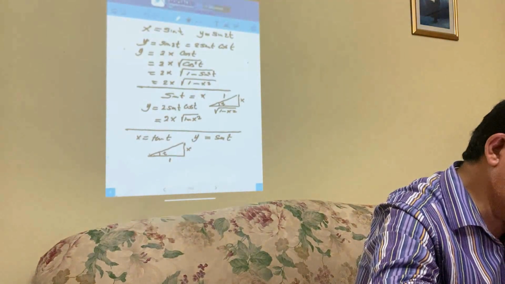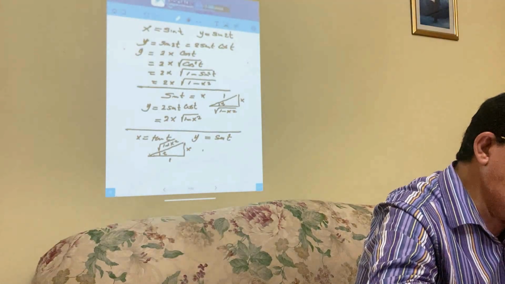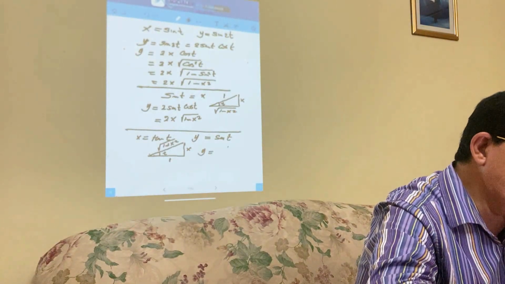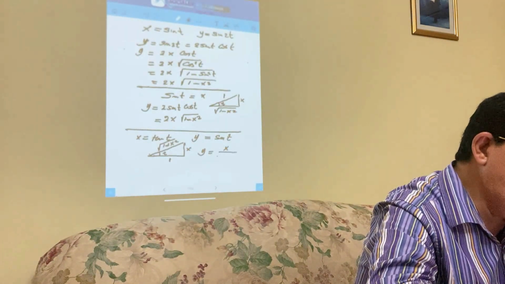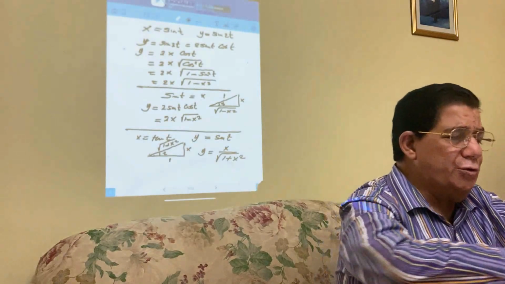And this is the square root of 1 plus x squared. Therefore, y equals sine t means y equals x over the square root of 1 plus x squared. And this is a Cartesian equation.